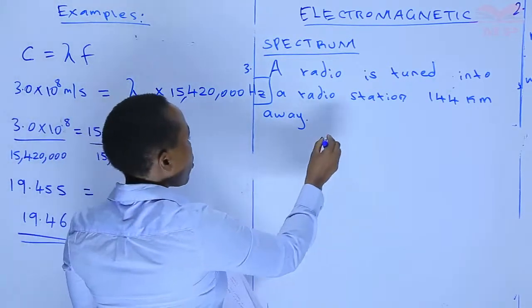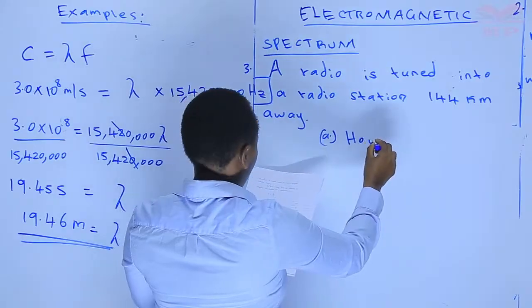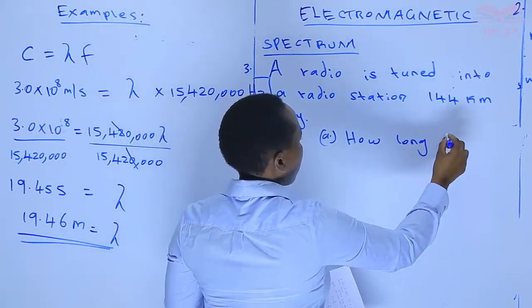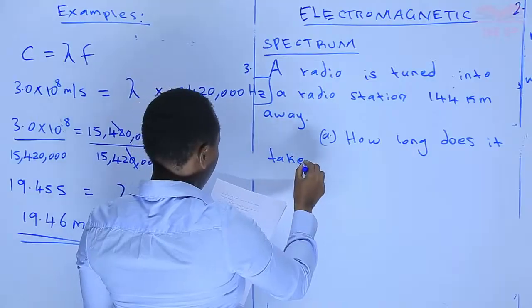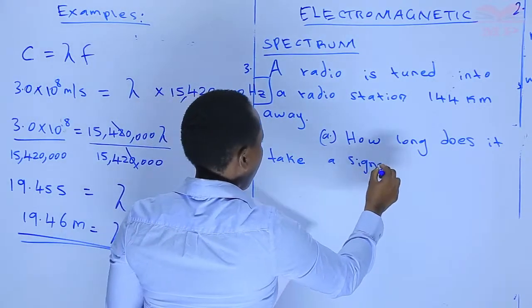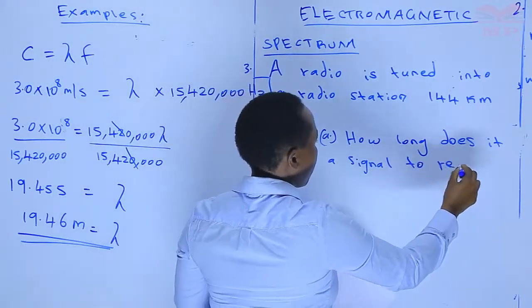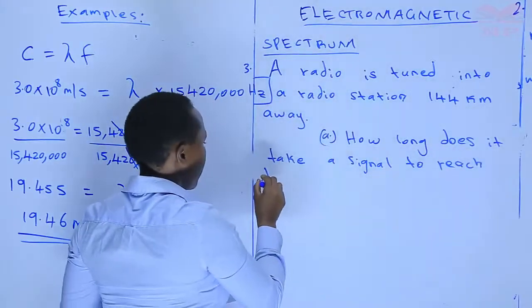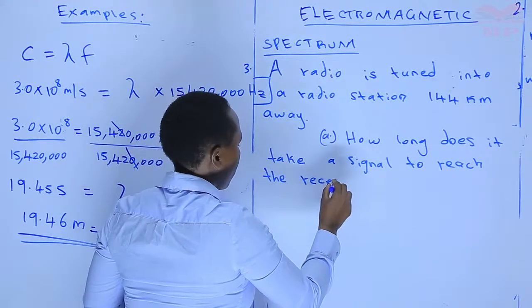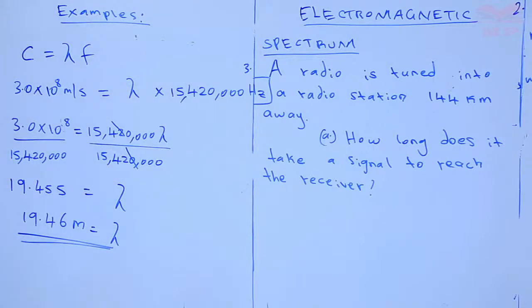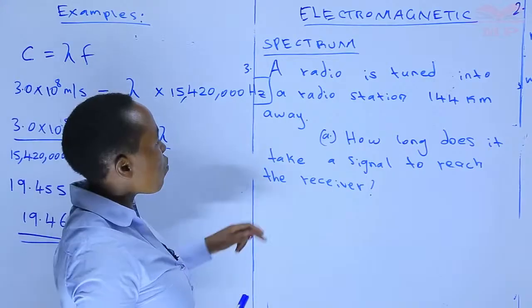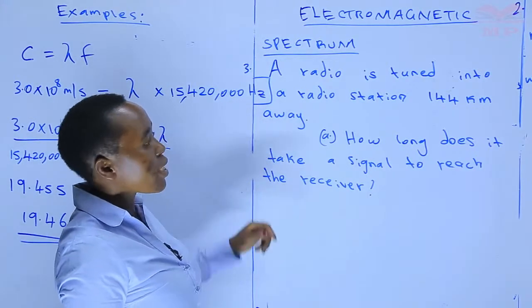So the first question is, how long does it take a signal to reach the receiver? So that's the first part of that question. A radio is tuned into a radio station 144 kilometers away.